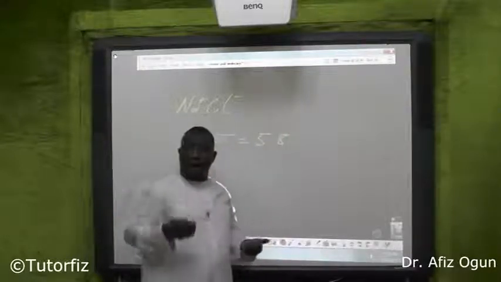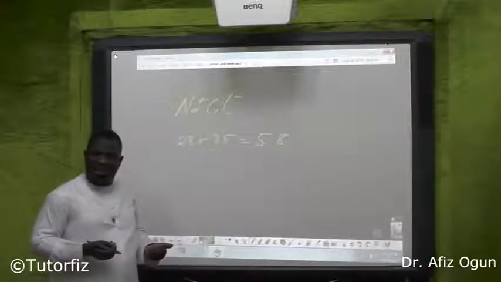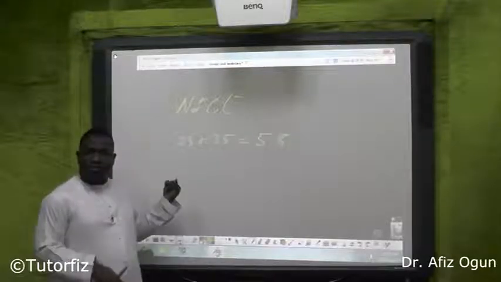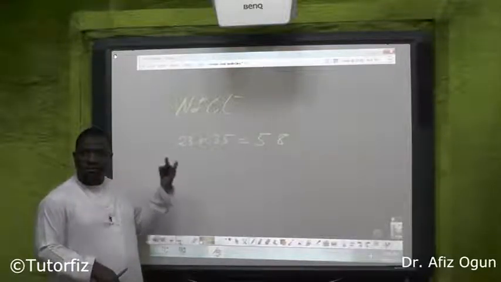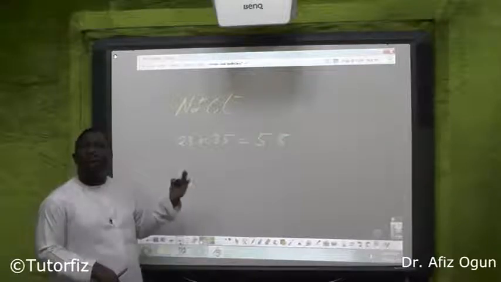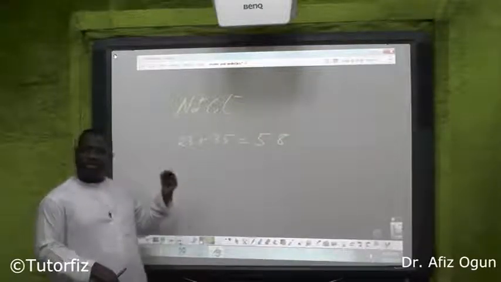Relative isotopic mass. From your IGCSE, you know that hydrogen has isotopes: hydrogen, deuterium, and tritium. Hydrogen 1, hydrogen 2, hydrogen 3.